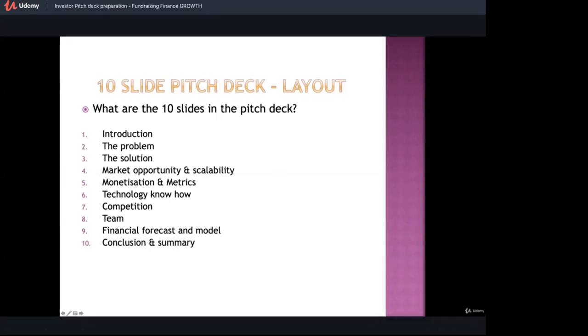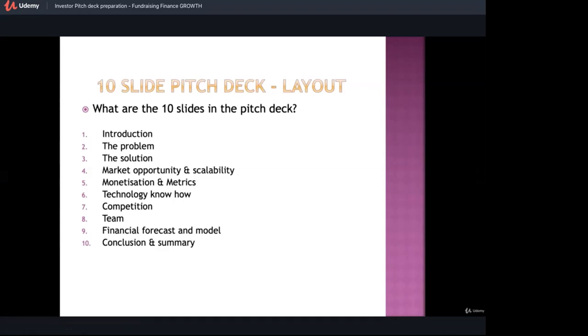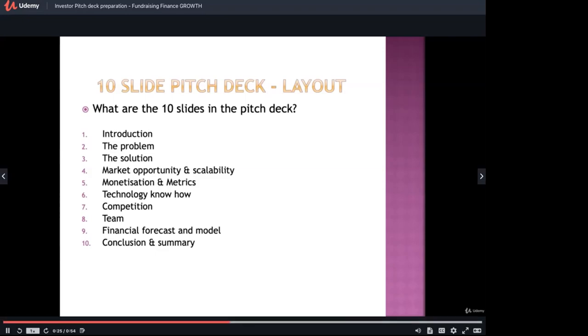So let's look at the 10-slide pitch deck layout. I will now discuss each of the 10 slides in the pitch deck. The layout of the 10 slides is as follows. 1. Introduction. 2. The problem. 3.